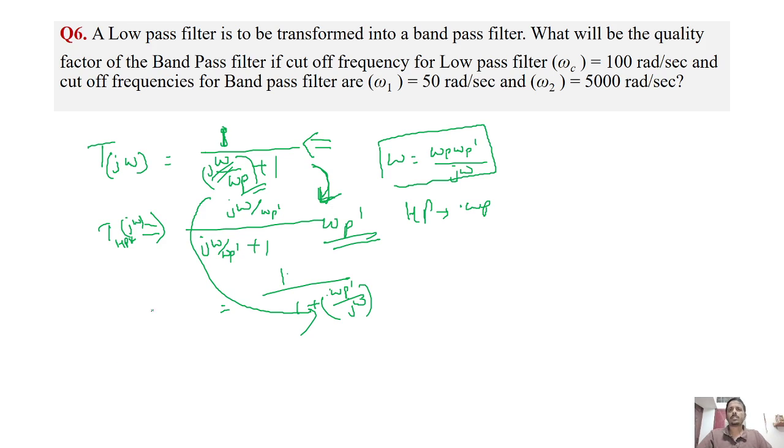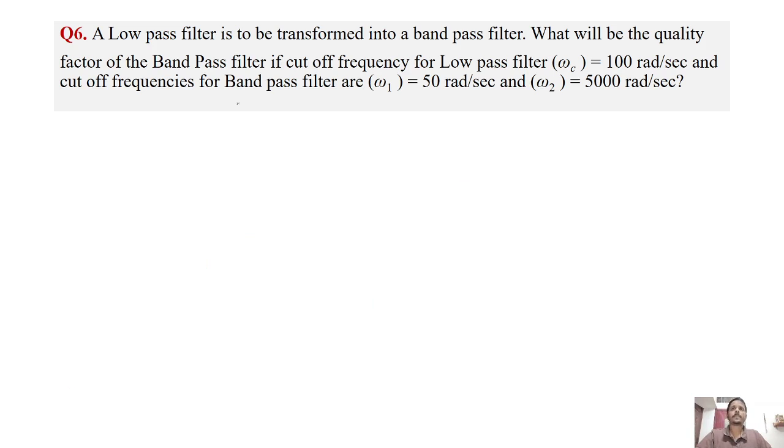In that format, for low pass, band pass, band notch, everywhere we take the general equation and find which value has to be substituted for j omega so that we can convert the low pass into that particular transfer function. We have just gone through the transformation function, that is, what value of j omega we need to substitute.